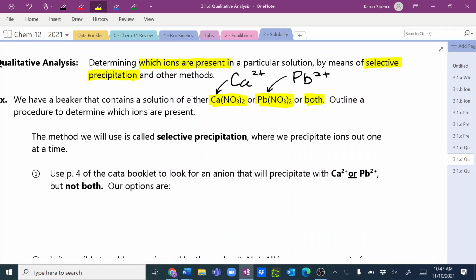So we're going to outline a procedure that you could use to determine which of those ions are present. And this is where the selective precipitation comes in. We're going to precipitate the ions out one at a time.